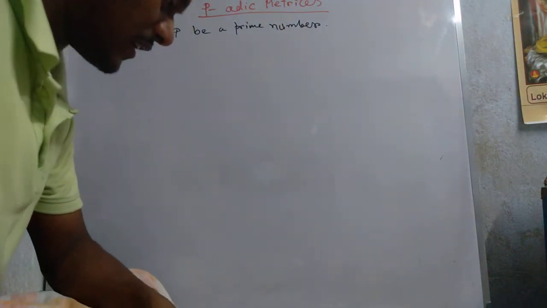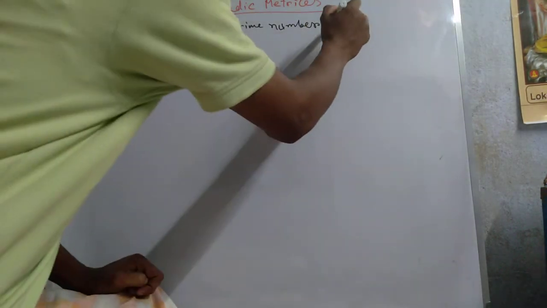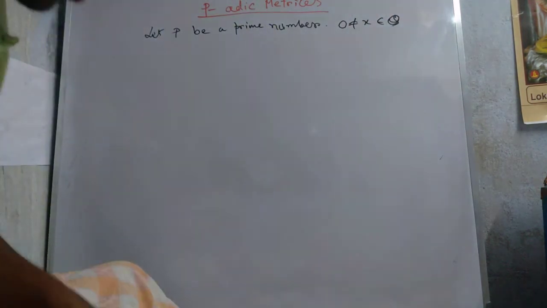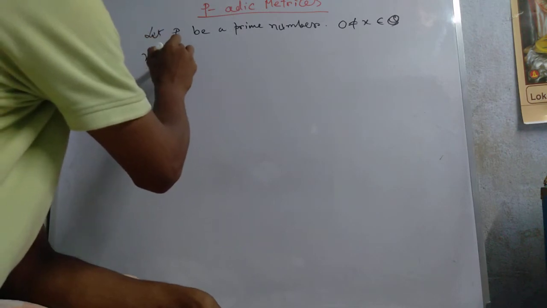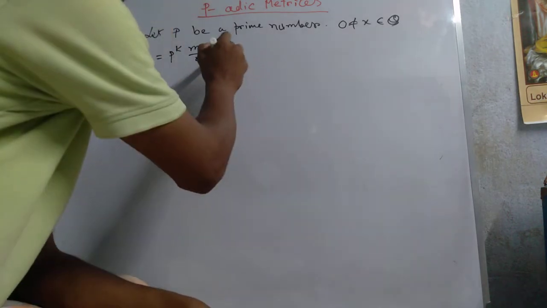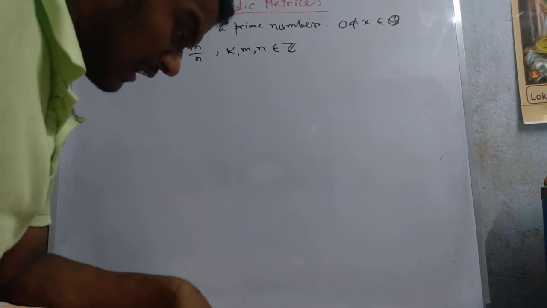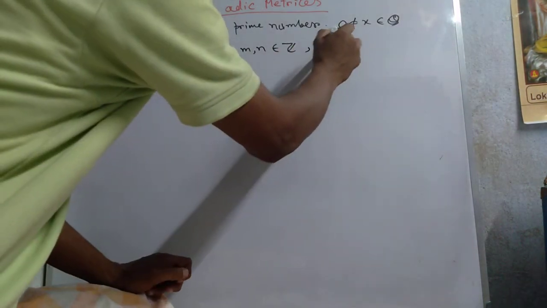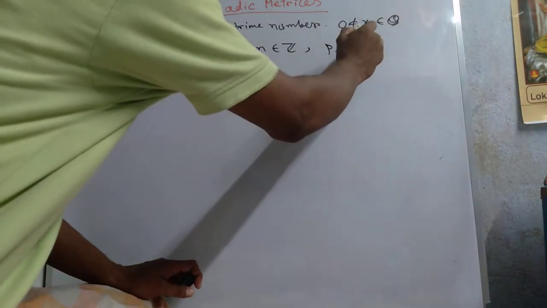Given a non-zero x belonging to Q, we write x equal to p to the power k times m by n, where k, m, n are all integers, and p divides neither m nor n.